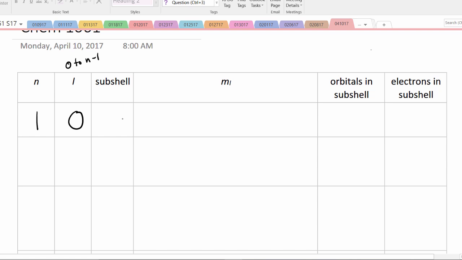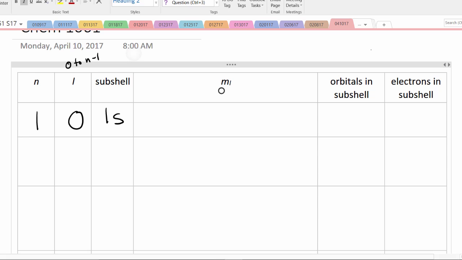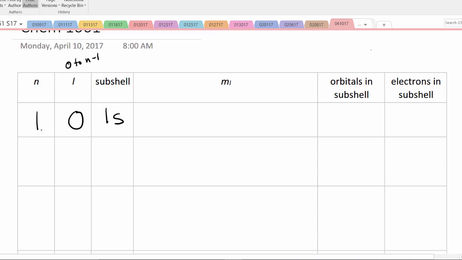And we have n is equal to 1 and L is equal to 0. We call this a 1s subshell. And we call it a 1s subshell because the letter n designates this value here, and the 0 designates the subshell.